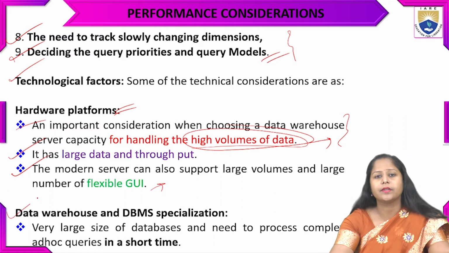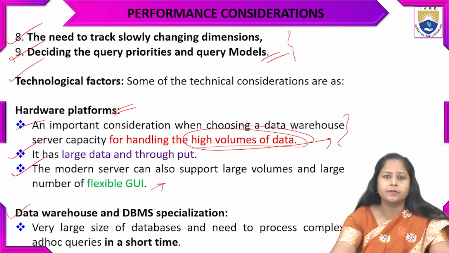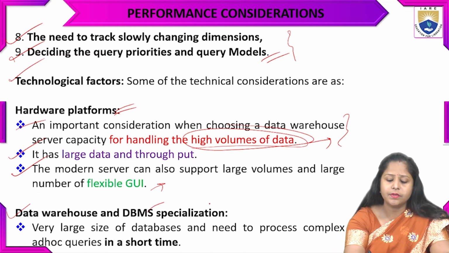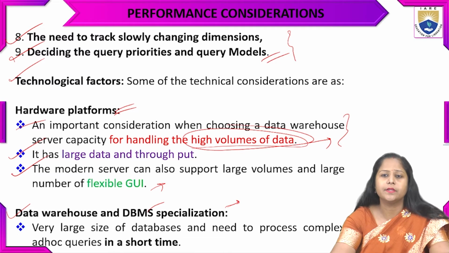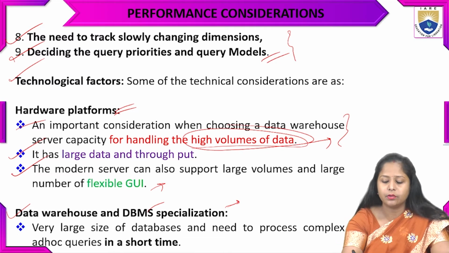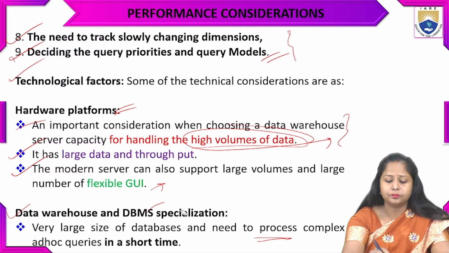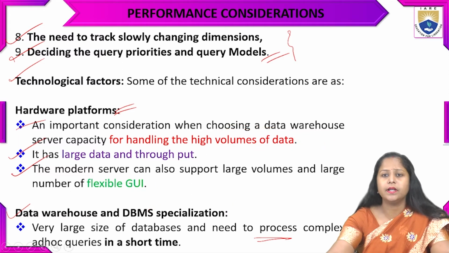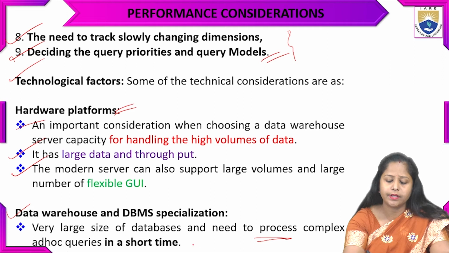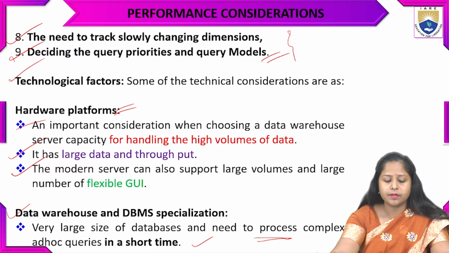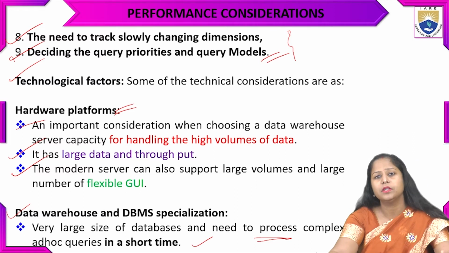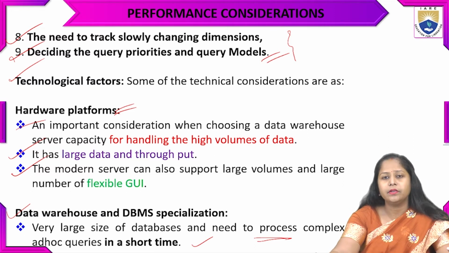The next factor is data warehouse and database management system specialization. As the name suggests, very large databases will be there, and they will need to be processed, right? So the system will process complex ad hoc queries in a short time. The database management system and data warehouse specialization tools will handle different queries in the minimum time.